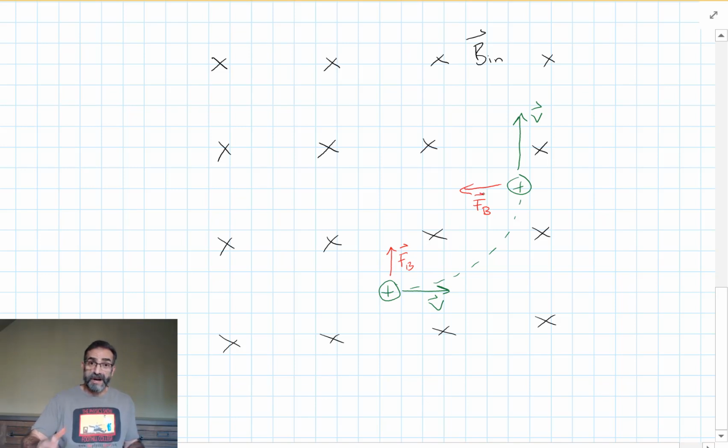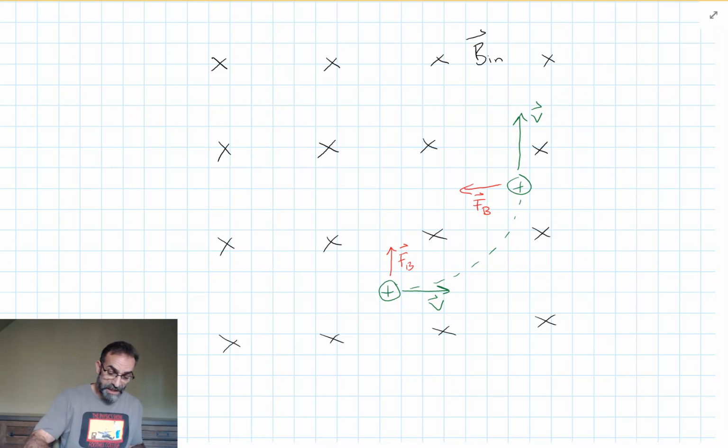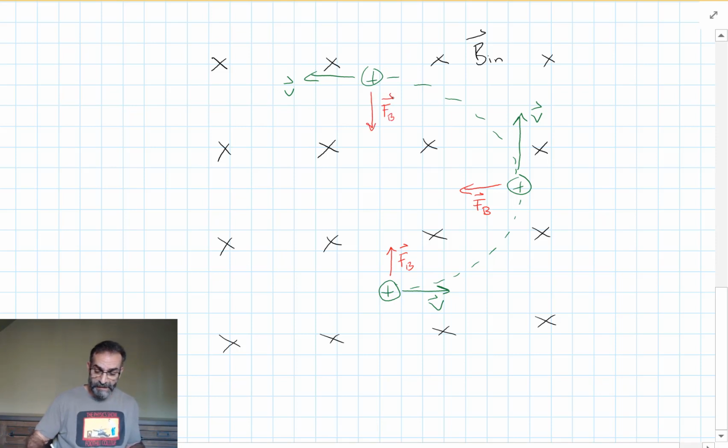So the force causes the particle to change direction again, and eventually it ends up over here, moving to the left. And what direction is the force? Toward the bottom of the page. And you can see what we're getting here: circular motion.